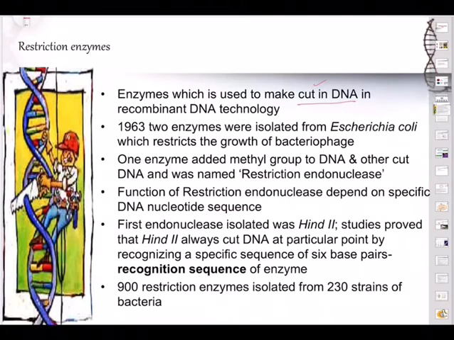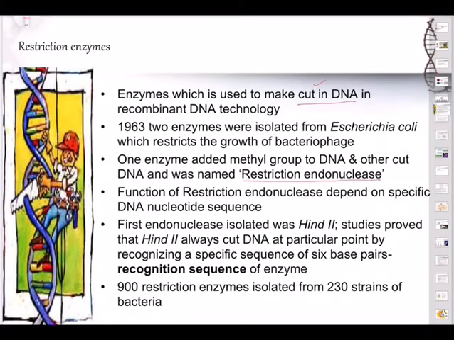In 1963, two enzymes were isolated from E. coli, Escherichia coli, which restrict the growth of bacteriophage. One enzyme added a methyl group to DNA and the other cut DNA, and the enzyme that cut the DNA is restriction endonuclease. Endo means inside.